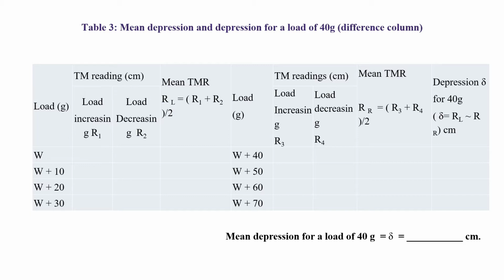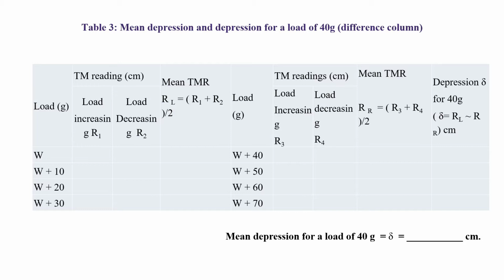Then you find the mean value, and similarly towards the other side, W plus 40, 50, 60 and 70. Find the mean value, and the depression will be the difference of the two mean values.